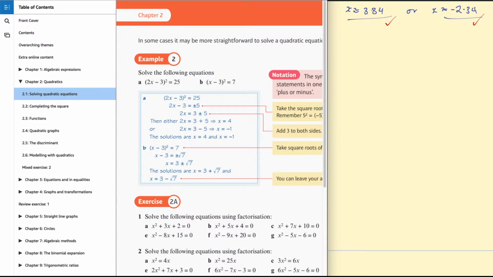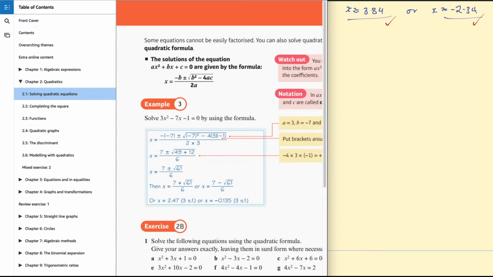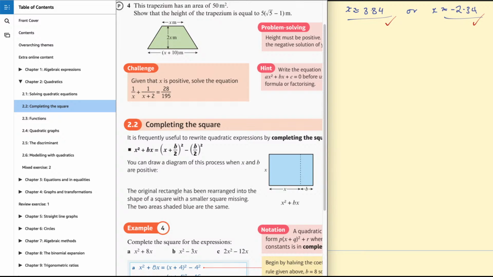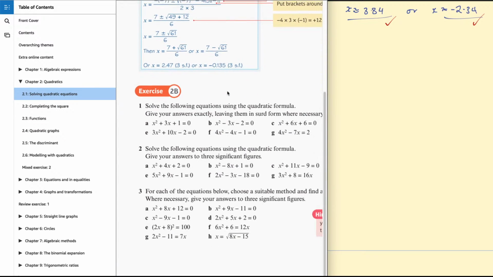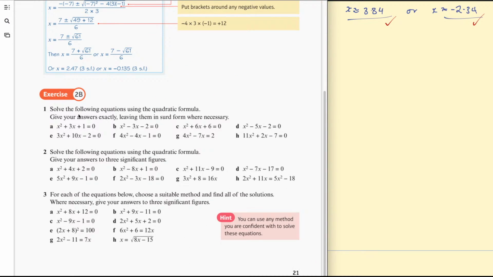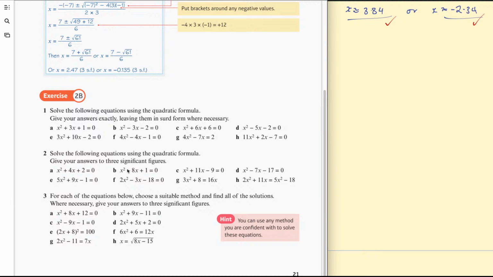We are still on the quadratic formula. So far we've done 2 exercises. Let's do a couple from 3 as well. So, question 3 says, for each of the equations below, choose a suitable method and find all the solutions.